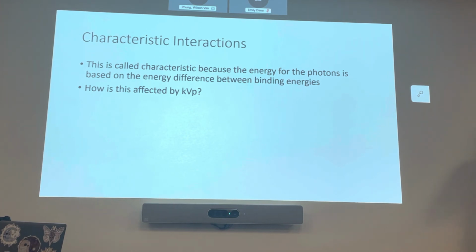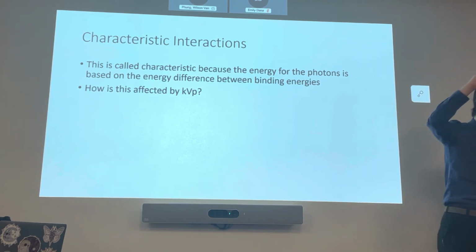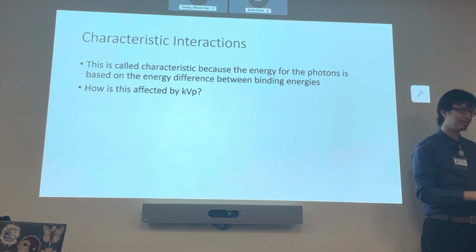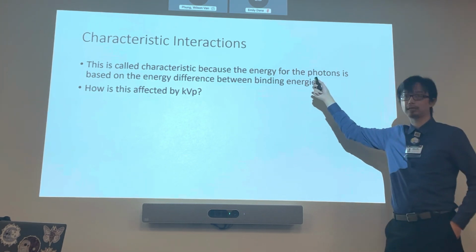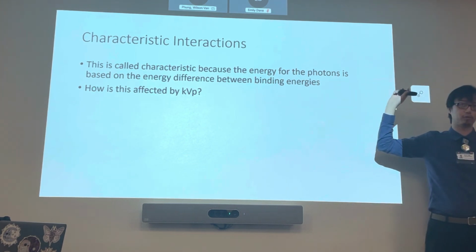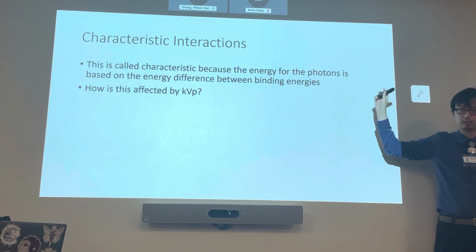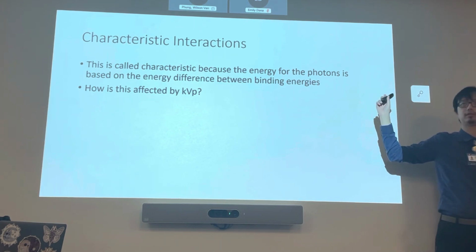If it jumps from the P shell to the K shell, that difference is the same every single time. So the X-ray created has the same energy every single time. So that's why it's characteristic. It is already preset. It's based on the character of those electron shells.